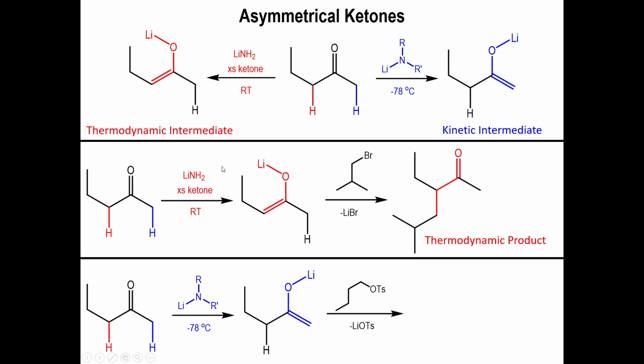And assuming that you didn't use excess ketone, then this will definitely ensure that it doesn't equilibrate as you warm up the solution. So you end up making your alkylated product on the most available position, the least sterically encumbered position. So, something to keep in mind with ketones.